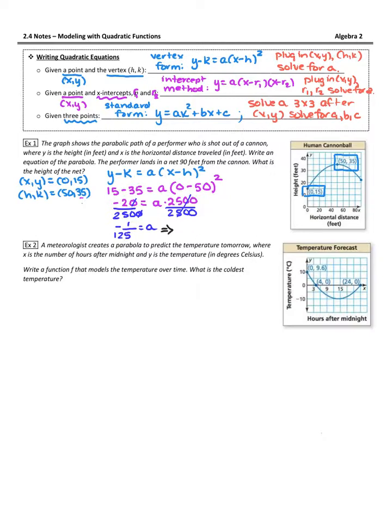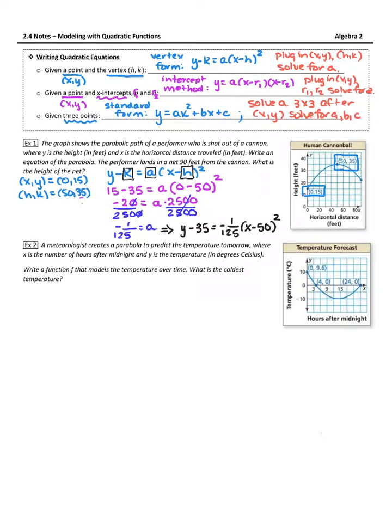So the equation should always have a y and an x in it. You're substituting for all of these variables. So we know that it's going to be y minus 35 equals negative 1 over 125 times (x minus 50) squared. And that would be our final equation.